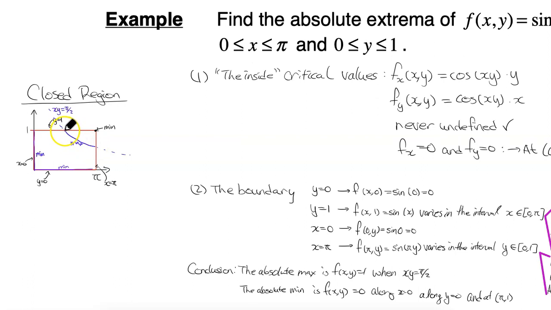So it's no surprise that we have a value of 1 up here, because it's part of this curve. And most probably we're going to find a value of 1 here when we study the boundary x equals pi. So we'll see if that is true in a minute.